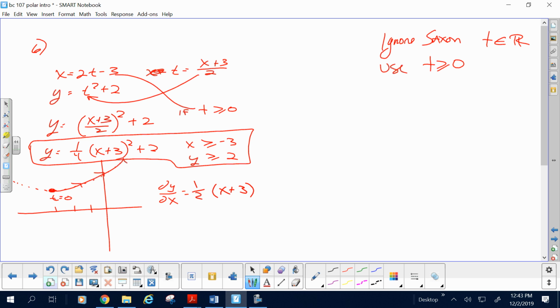If you do it based on the t form, then dy dx is dy dt over dx dt. What's dy dt? 2t. And what's dx dt? 2. So dy dx is just t. That actually makes sense because t is x plus 3 over 2, and that's exactly the same. We cool?